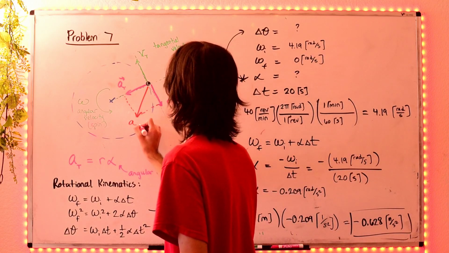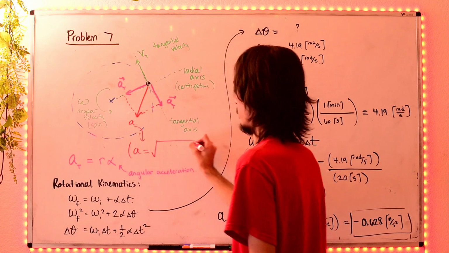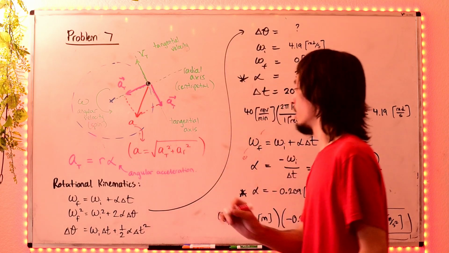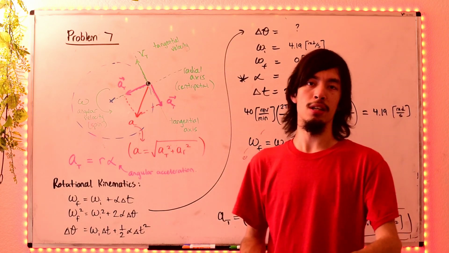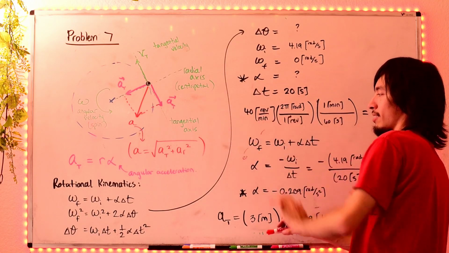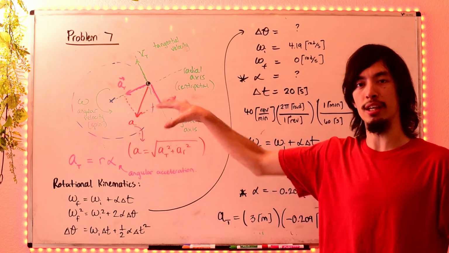So if you needed to find the total, here's how you would do it. A equals the square root of A_T squared plus A_R squared. Okay? If you have that question, that's what they mean by find the acceleration in the system, is to then consider both if you have both. So just a little extra tidbit, just in case.